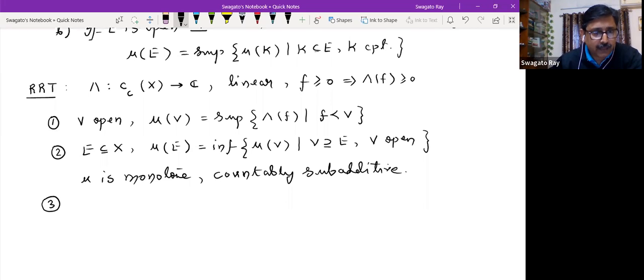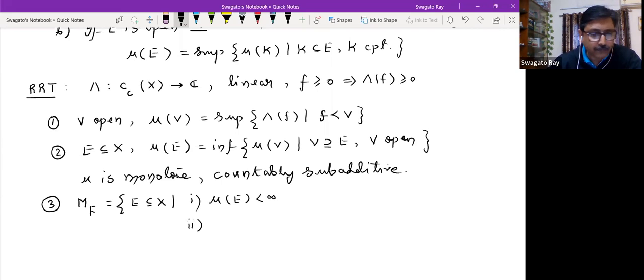So towards the sigma algebra, one defines something called MF. It is all those E, some good sets, with two properties: the measure of the set is finite, and the property that inner regularity should happen.